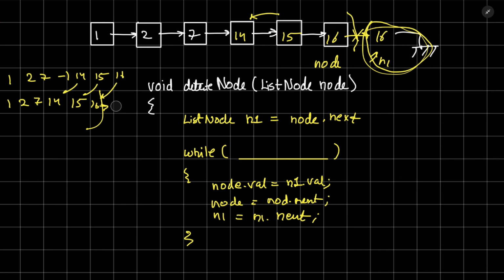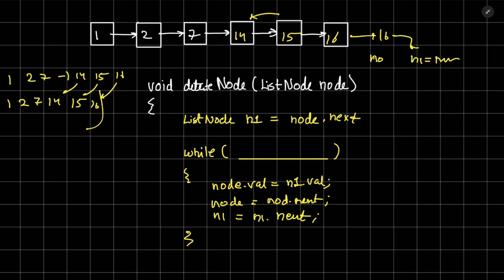So now we have our n1 here and node here. So if we now change this, as our n1 dot next has become null, that is our n1 at the second last node. So if we move this ahead, what would happen is that our n1 would become null now, and our node will come here, and we will lose track of this pointer which we had to remove.